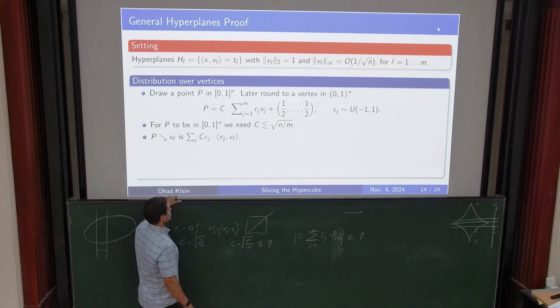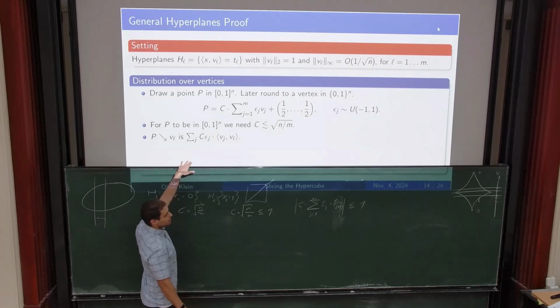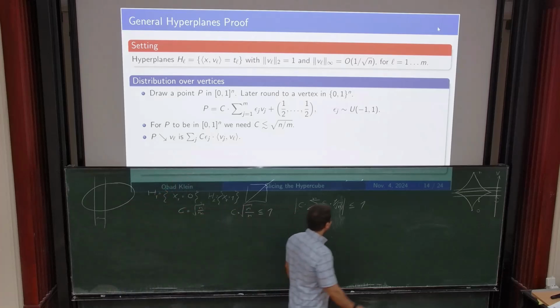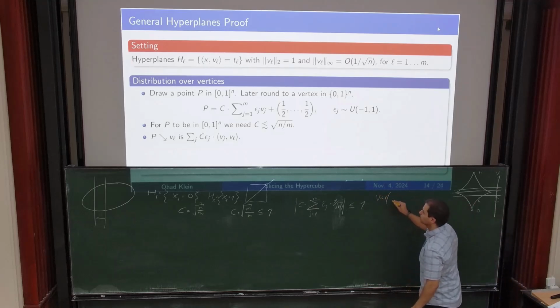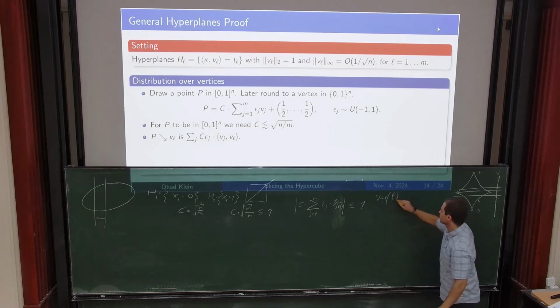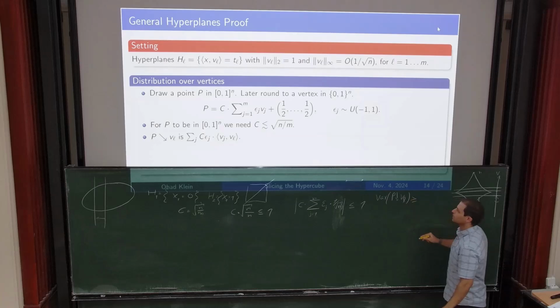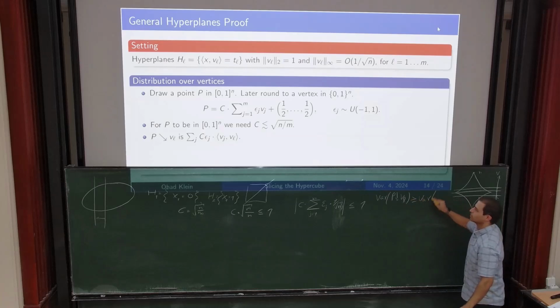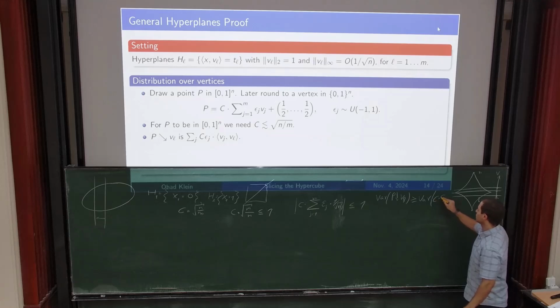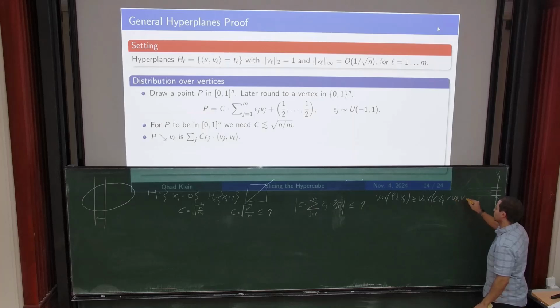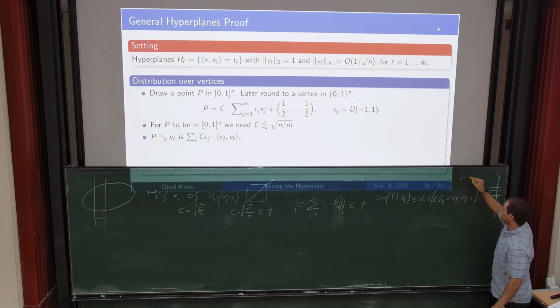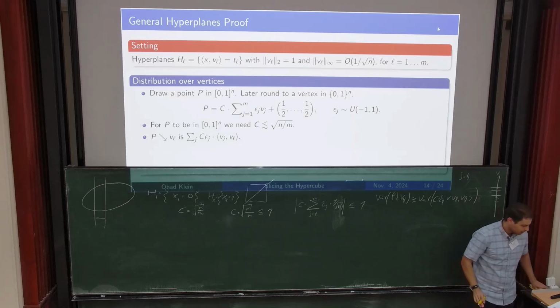Now this is again just a sum of independent random variables because the epsilons are independent, and the variance of P projected onto V is larger than just the variance of C times epsilon L times the L. So here I just substituted J equal to L and only took this one term.